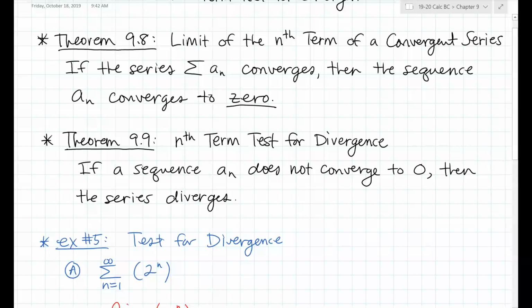So I'm telling you guys, be careful. The nth term test for divergence only tells you one specific thing. If the limit is not 0, then the series diverges. If the limit is 0, then we don't know yet. Okay?